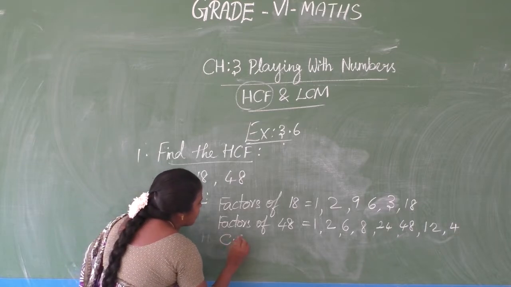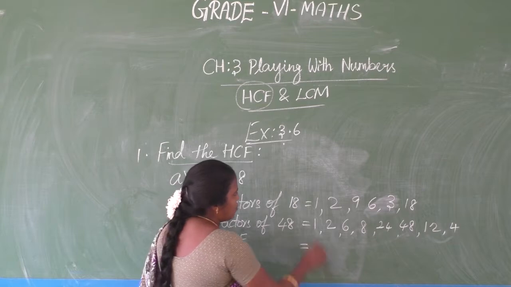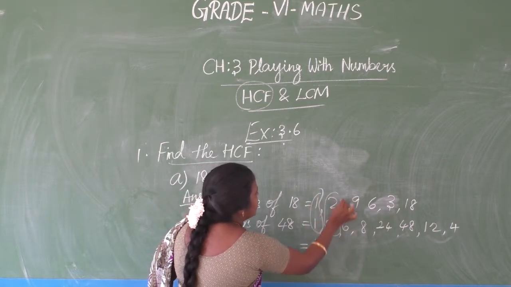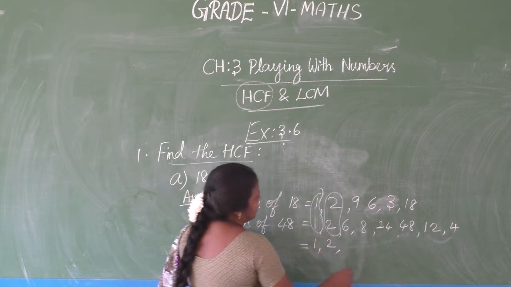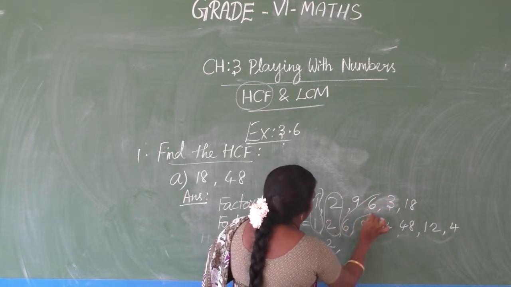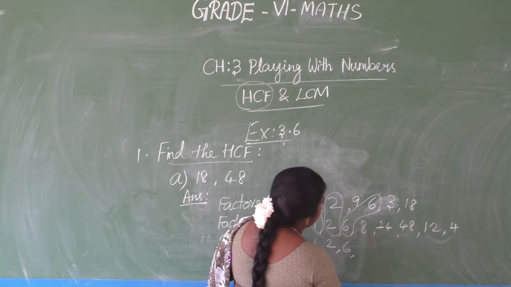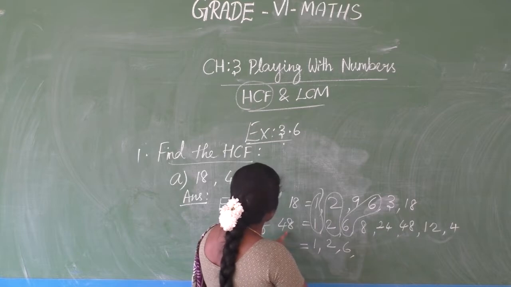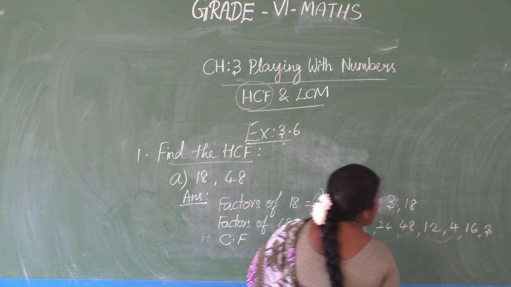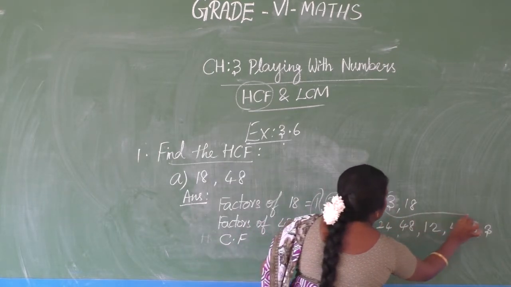Now we have to pick up the common factors of 18 and 48. What comes? 1 is a compulsory factor, no? So 1, 2, then 6, and 3. 3 will also come, since 16 3s are 48, that is also correct.